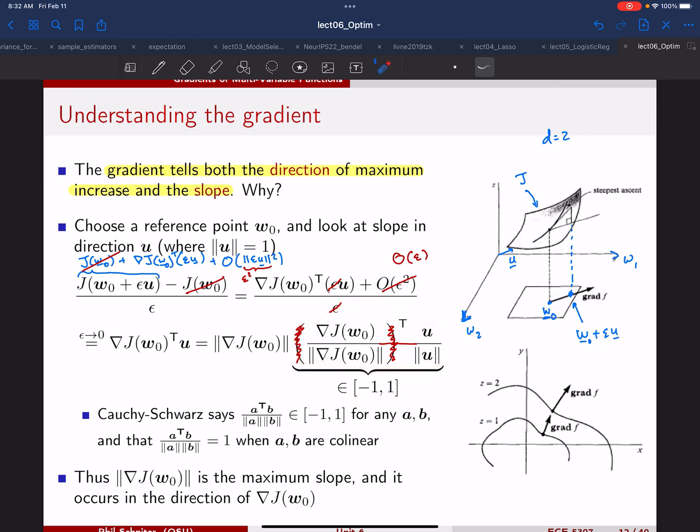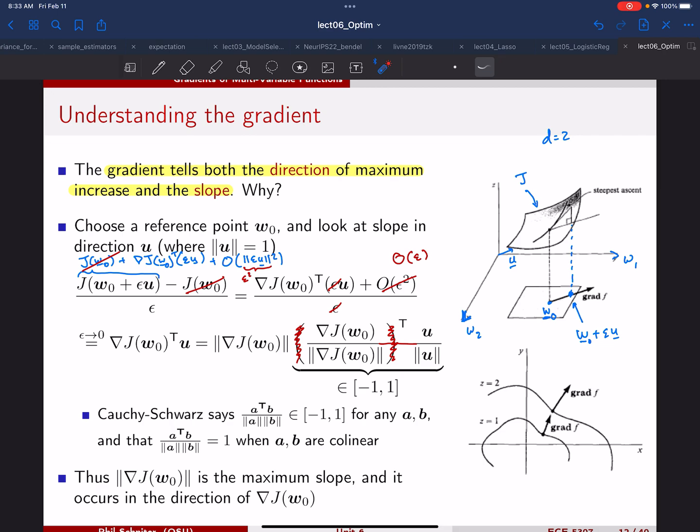This is a consequence of the Cauchy-Schwarz inequality, which says that anytime you have two vectors and you have this form, the answer is at most 1 and at least minus 1. If I think of this gradient as a and the u as b, that's where we get this. So that means our slope is somewhere between this norm and negative that norm. But we can go a little further.